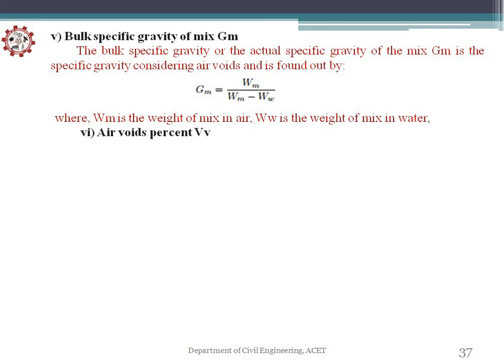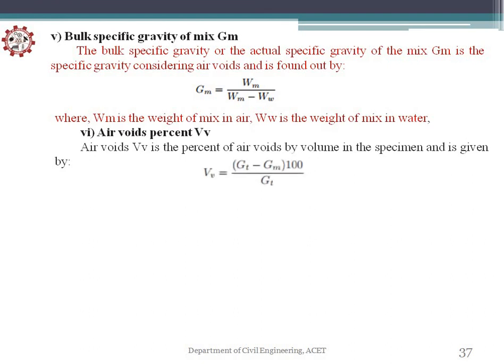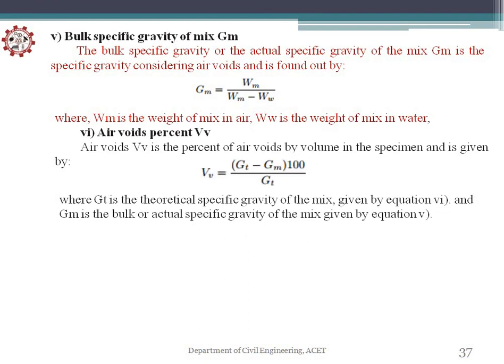Then we calculate the value of air voids percent Vv. Vv is calculated by this formula with respect to Gt and Gm, where Gt is the theoretical specific gravity and Gm is the bulk or actual specific gravity.